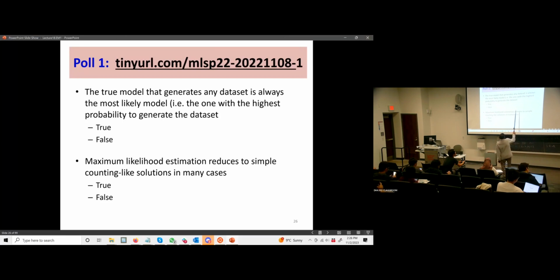It's just MLSP 23-1102 without the 2022, right? -1. Okay.